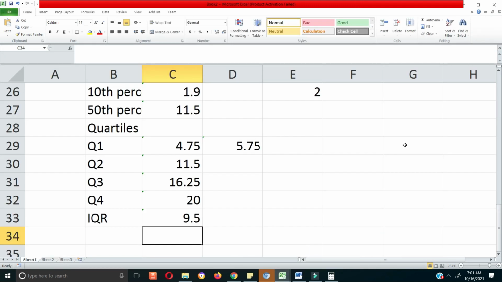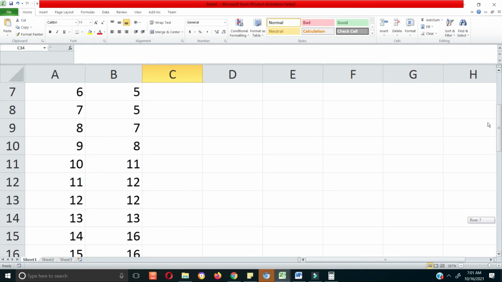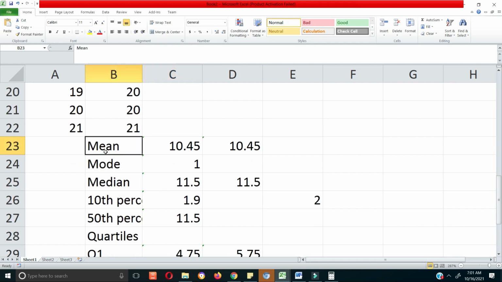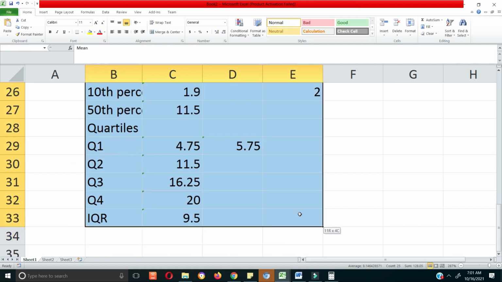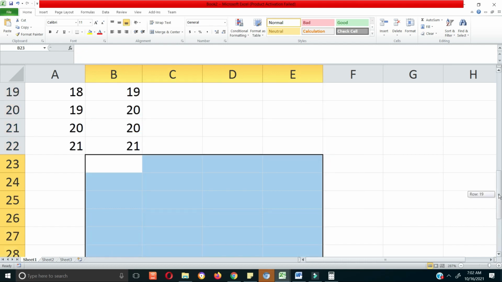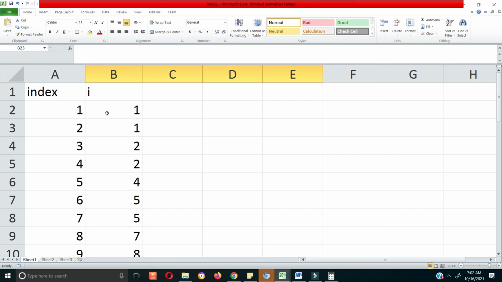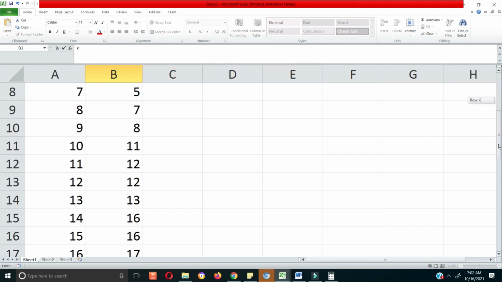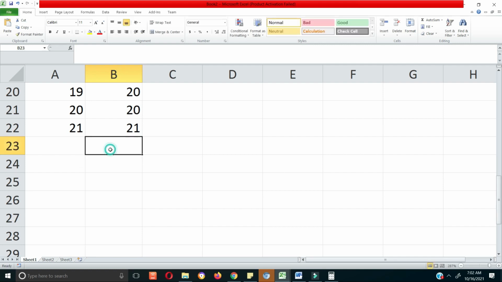So we can do this step by step. Let me get rid of these measures I had before. This is basically our x. Then we want to have the mean.